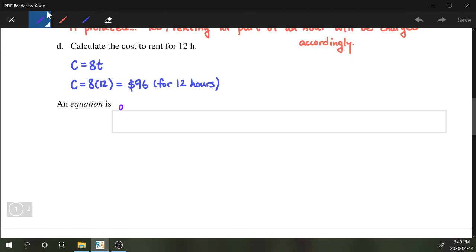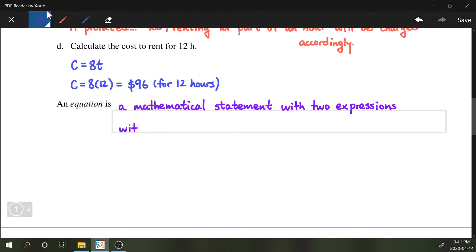An equation is a mathematical statement with two expressions with the same value. So what does that mean?